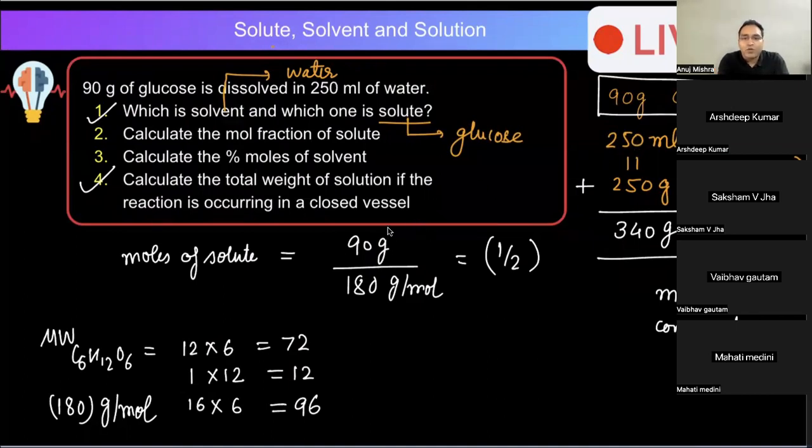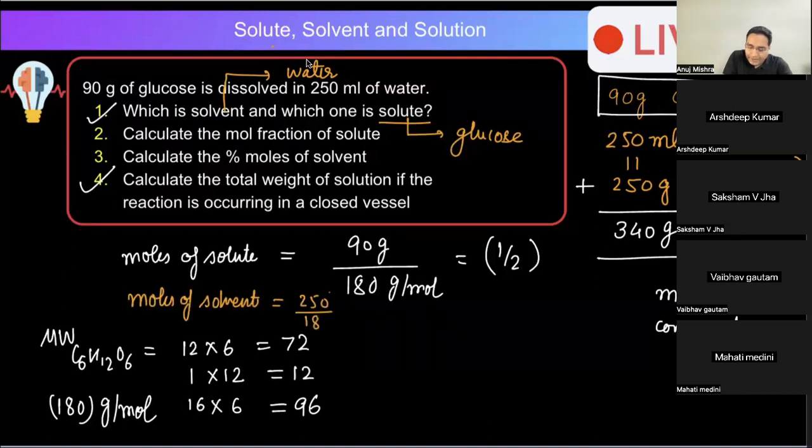If all of you got this answer, then we have information regarding moles of solute. Do we have information regarding moles of solvent also? Moles of solvent would be: 250 gram solvent is there and water's molecular weight is 18 gram per mole.